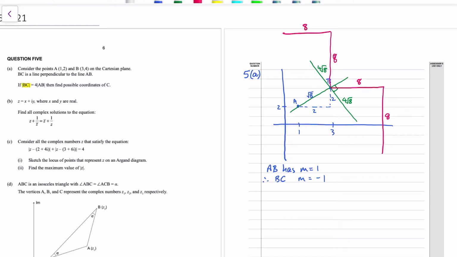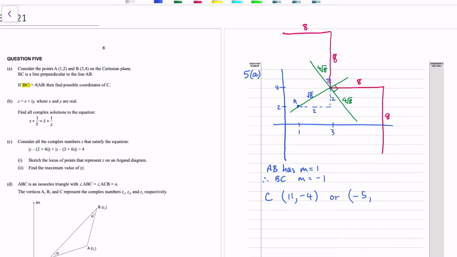It's 4 times 2, because it's 4 times the hypotenuse, it must be 4 times the adjacent and the opposite side. Okay, so C, if I start with the B x coordinate of 3, and add 8 to it, I get 11. If I start with the y coordinate of 4, and I subtract 8, I get -4. Or I start with the x value 3 and take away 8, get -5.